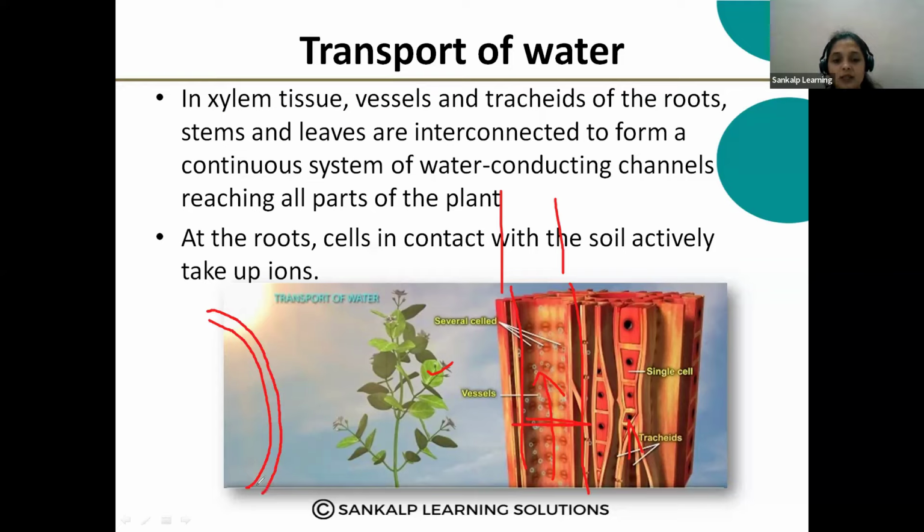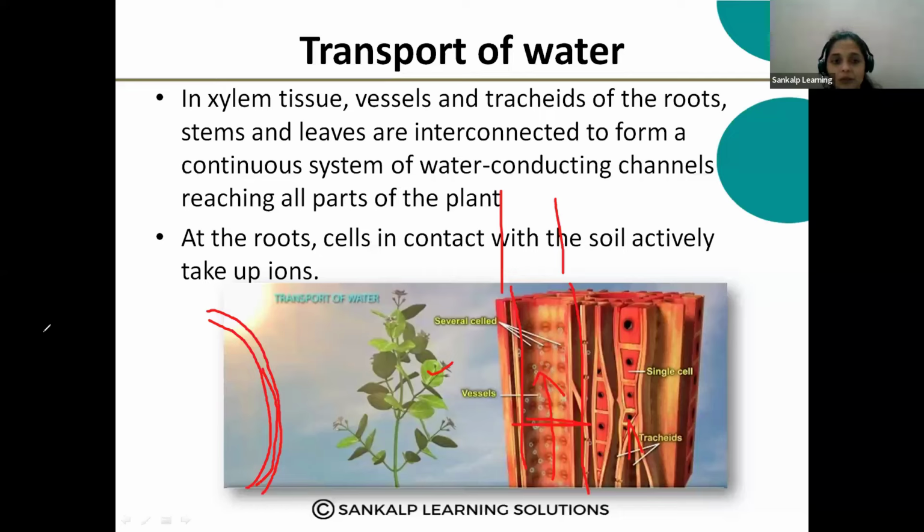You can also call it a tube-like structure, formed by the xylem vessels and tracheids. Inside these, the movement of water takes place from root to the shoots of the plant, to the leaves of the plant.